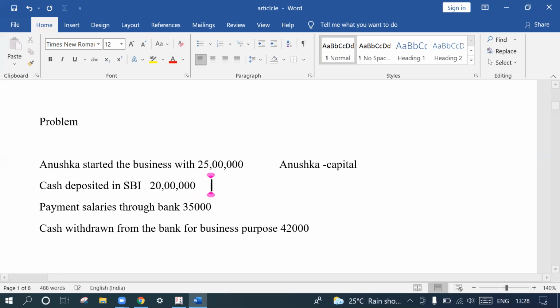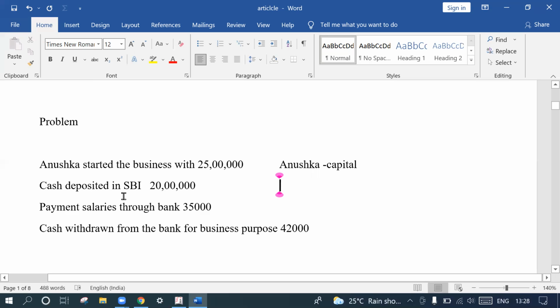And the second one is cash deposited in SBI. In this, cash is there and SBI is there. Already we have learned in the previous classes that the cash ledger exists by default in the software, so we need not create the cash ledger in Tally.